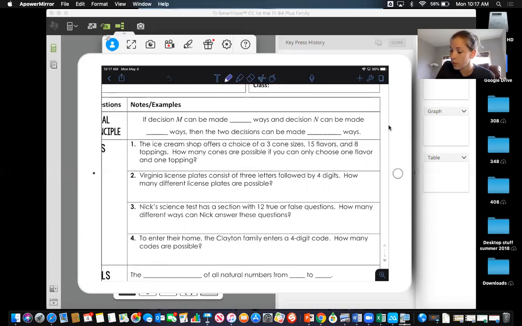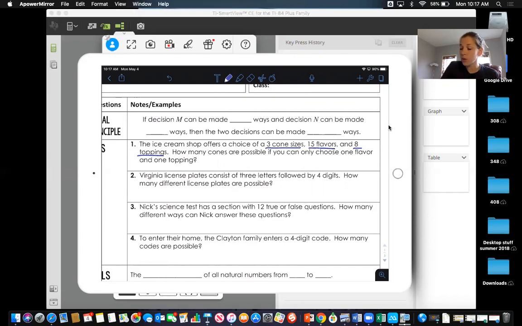So what we've got here, guys, is 3 different categories. We have a category for the cone sizes, a category for our flavor choices, and a category for our 8 toppings. So we separate this problem into how many different categories or topics we have.